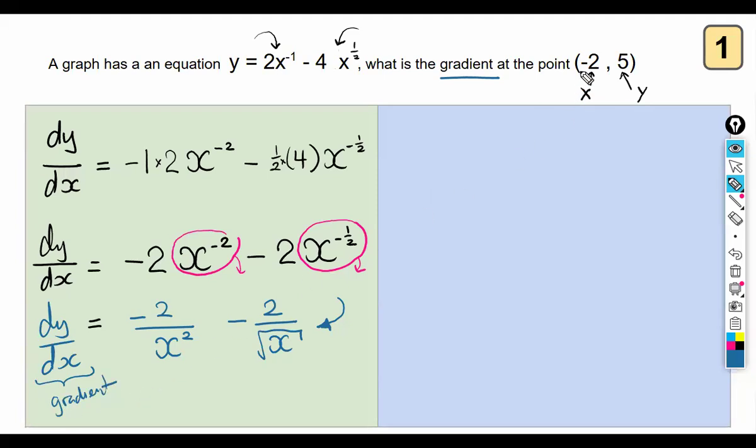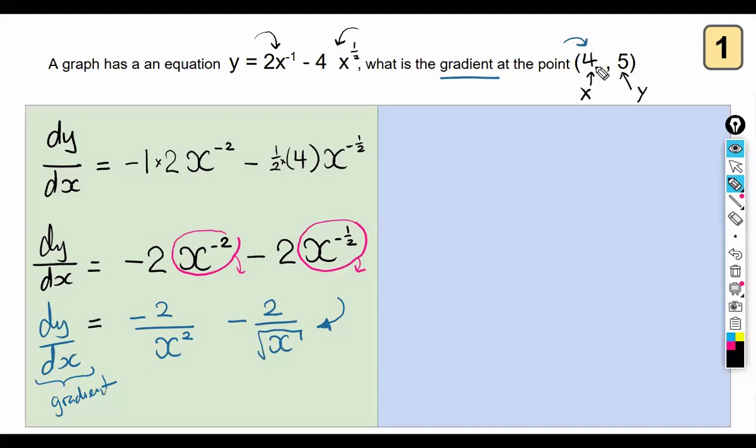So if we want to find the gradient at this point, we just have to pretend x is how much? Minus 2. Now, there's a small mistake in the question. I just adjusted the question, and I made a small mistake. It's not supposed to be minus 2, so everyone just erase it there. It's supposed to be 4. My mistake, not minus 2. 4.